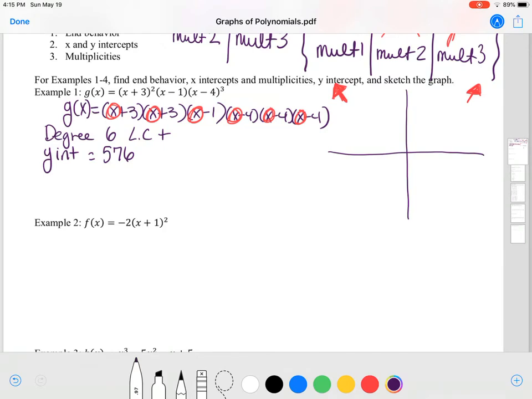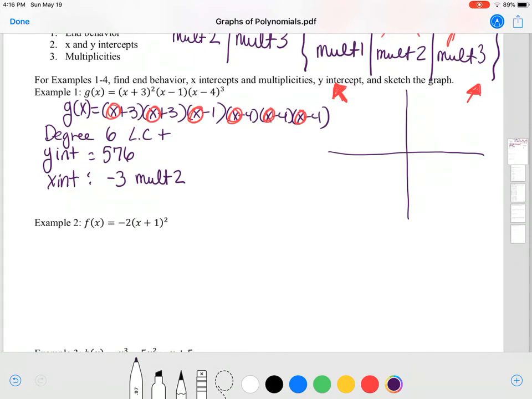Okay, now for x-intercepts and multiplicities, we'll do those together, since they go hand in hand. If I look at this, I have an x-intercept of negative 3, because if I plug in negative 3 for x's, that's going to give me 0 for y. So I have negative 3. Because I have a factor of x plus 3 twice, that's going to be a multiplicity of 2.